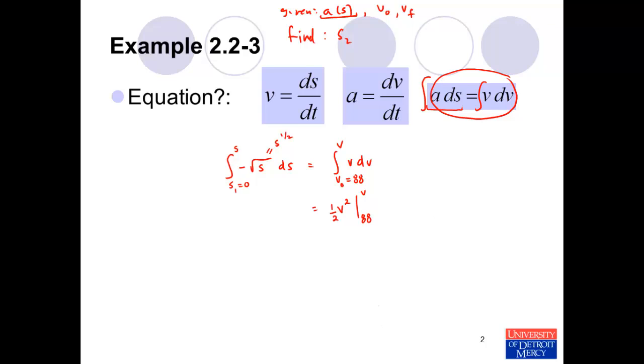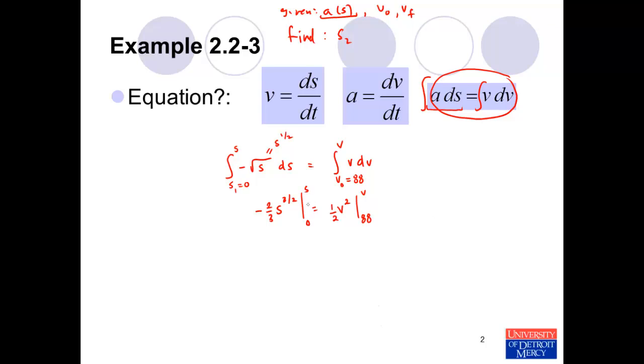So again, we add 1 to the exponent, s to the 3/2 power. We then divide through by 2/3. We still have that negative sign. So that's the antiderivative. And we evaluate it between 0 and s.